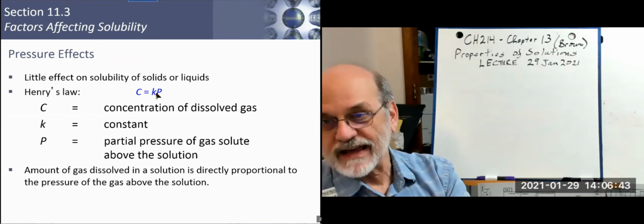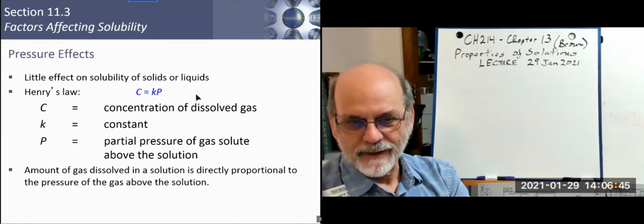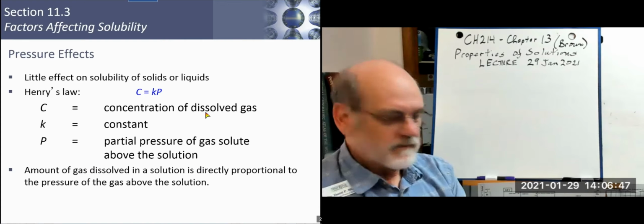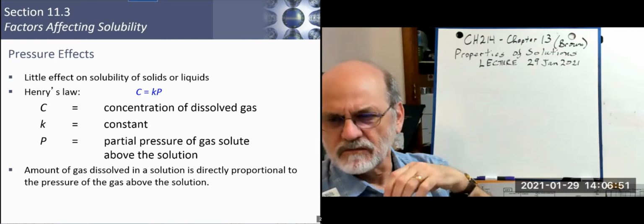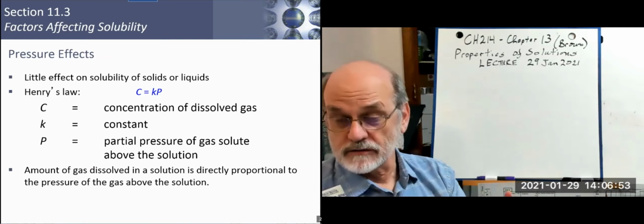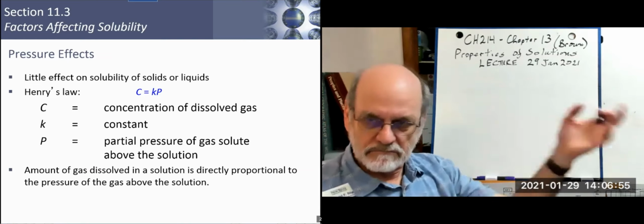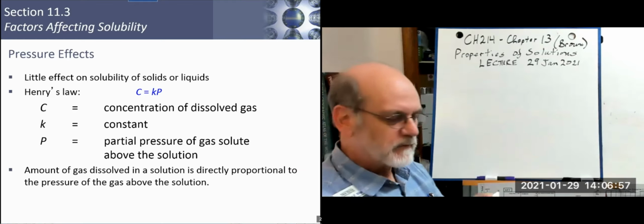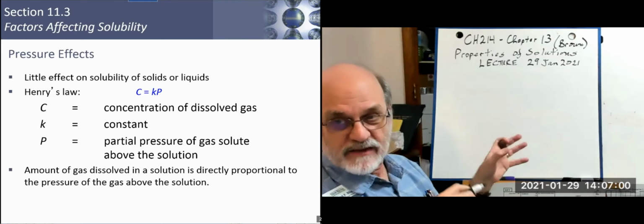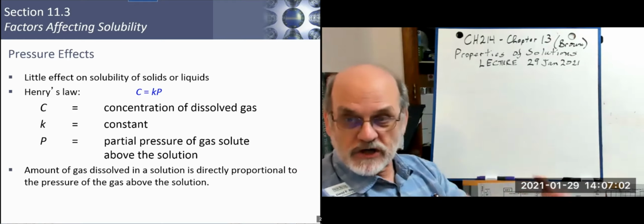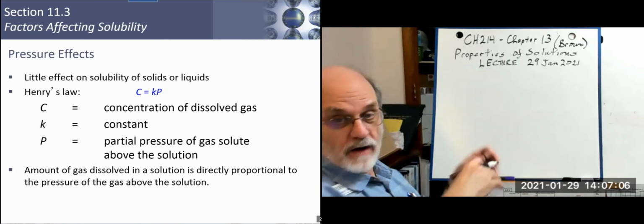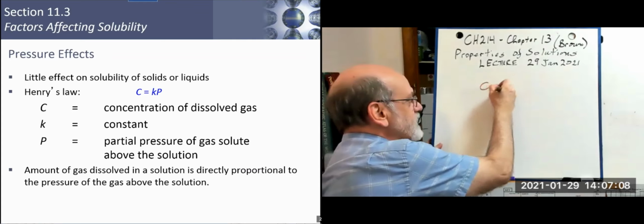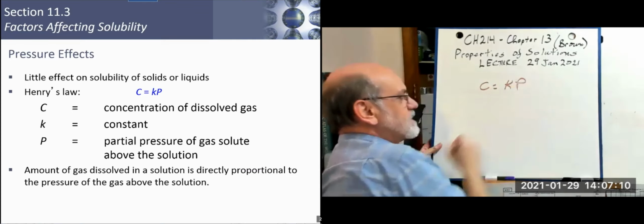But there's a version of it that allows you to do the calculation without knowing what K is. And remember our discussion of gas laws back in the first semester, where we had the gas law and then we had a version of it where it was before and after. Well, you can do the same thing with Henry's law, because C equals kP.